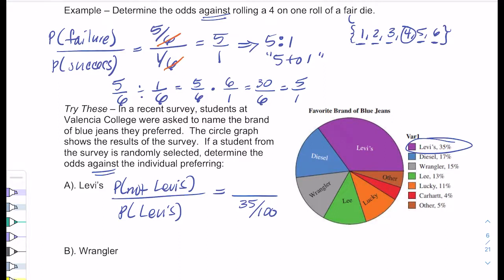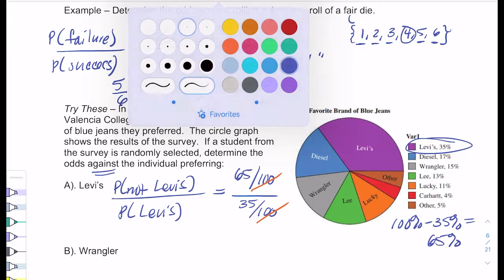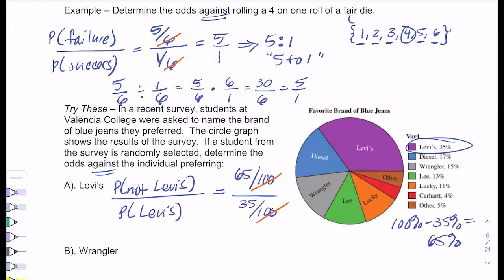If 35% prefer it, that just means that 100% minus 35% don't, and that gives us 65%. So 65 out of 100 would not prefer it. Again, I can cancel out the 100ths, and I'm left with 65 over 35, which we would write as 65:35, which just means 65 to 35 people do not prefer Levi's.